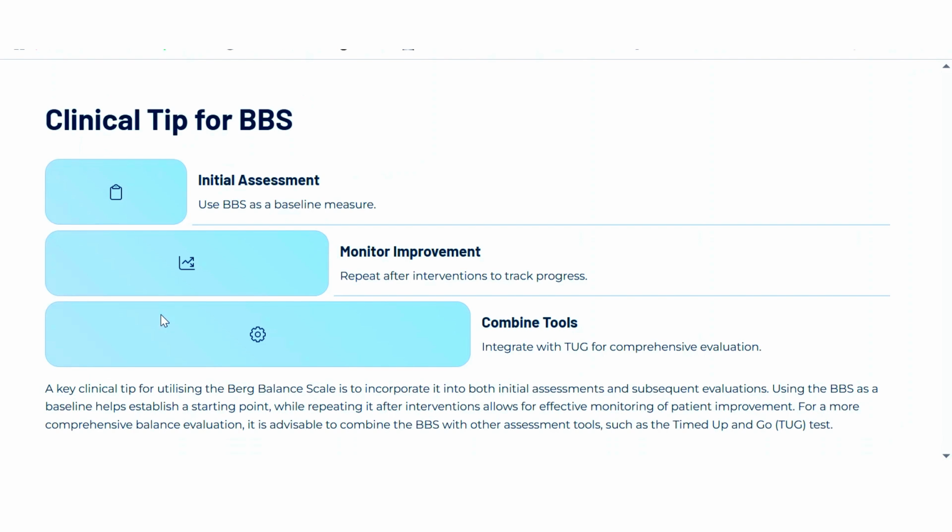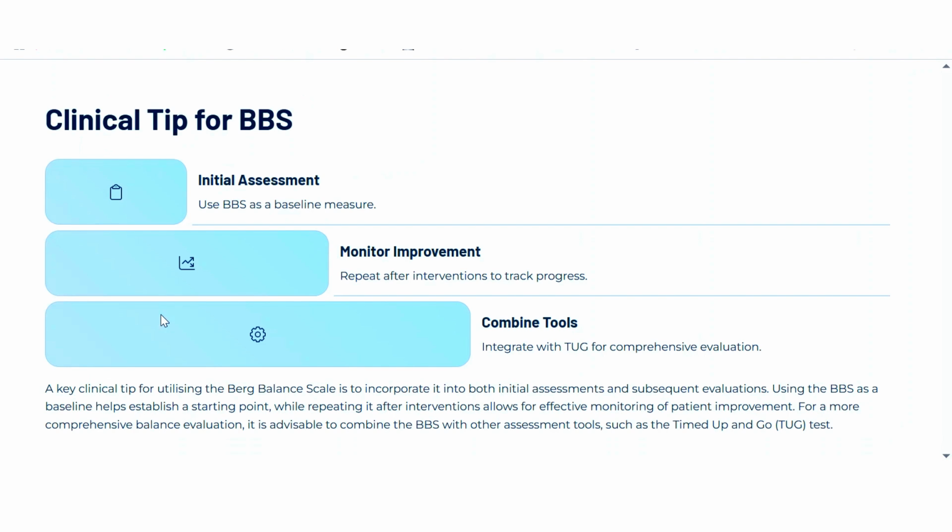Now, another thing is combining tools. You can use other assessment tools to get a comprehensive balance evaluation. So these are the major clinical tips: you do not use this only for initial assessment, you also use it to monitor improvement in subsequent evaluations.